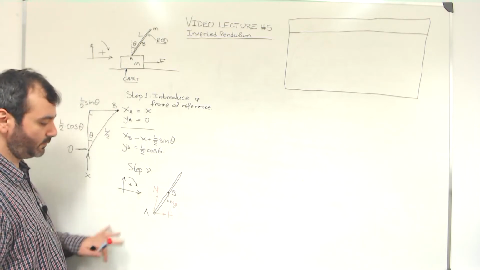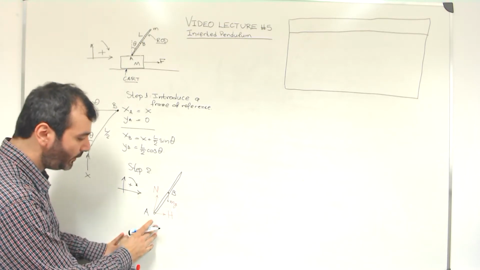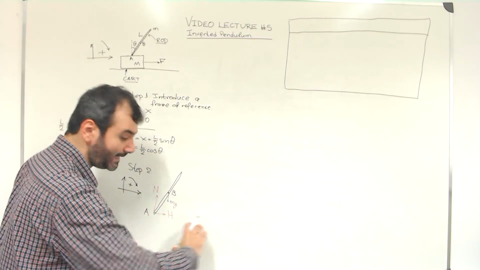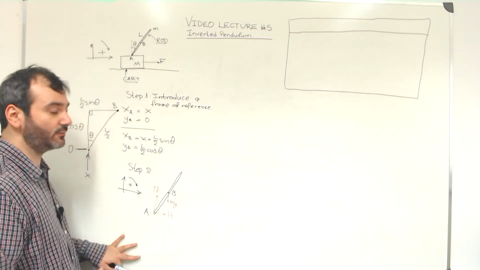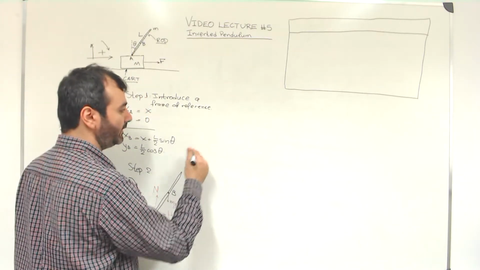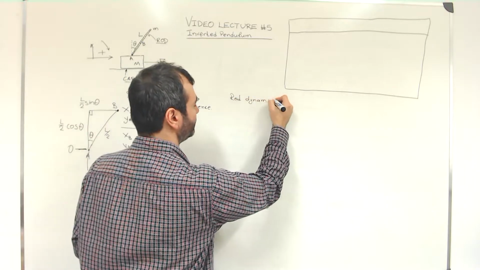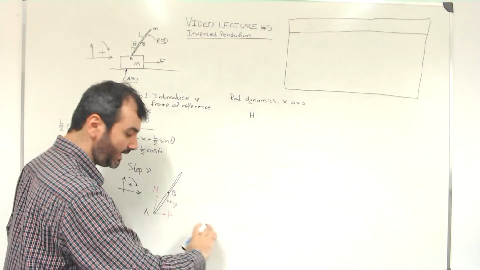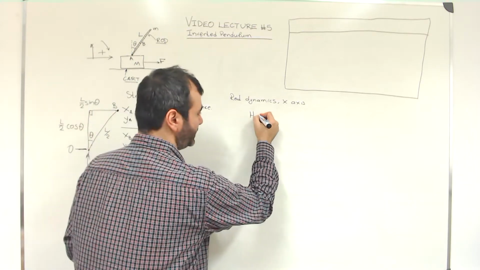Okay, so now we can employ Newton's second law of motion along the x-axis and then along the y-axis, of course, but let's start with the rod dynamics along the x-axis. The total force we have here is just H, nothing more. So H it is.